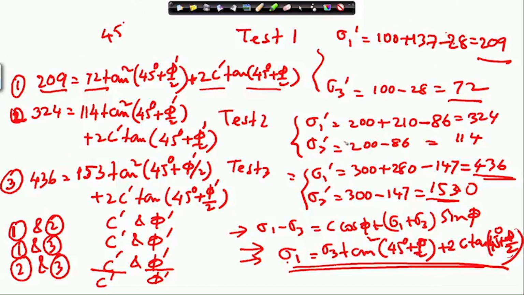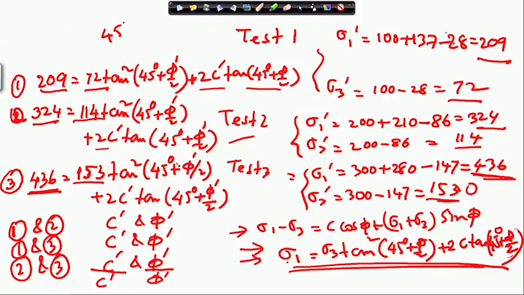Similarly, for the second test, 324 is sigma 1 and 114 is sigma 3, and in the third test 436 is sigma 1 and 153 is sigma 3. So I have got 3 equations, and by using 3 equations I have to find 2 unknowns. So I have an excess.